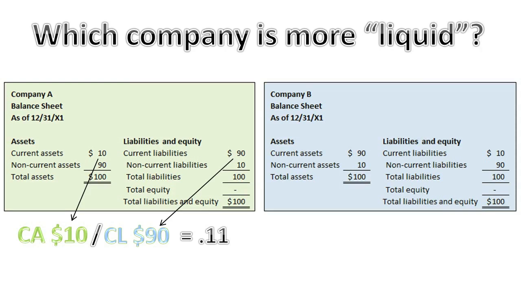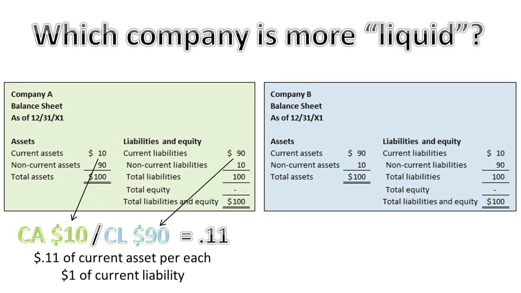This indicates that for every $1 of current liability that will come due within the next year, Company A expects to have only 11 cents of current assets to make such payments. This current ratio is quite small and indicates that Company A is not very liquid. Potential suppliers should think twice before selling to Company A on account.